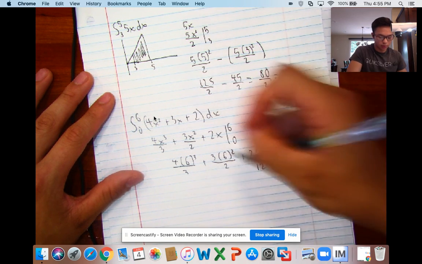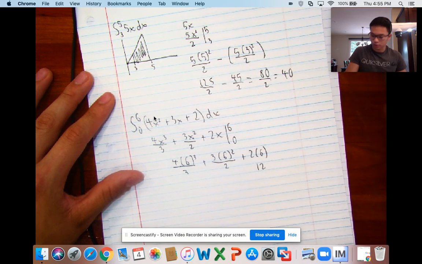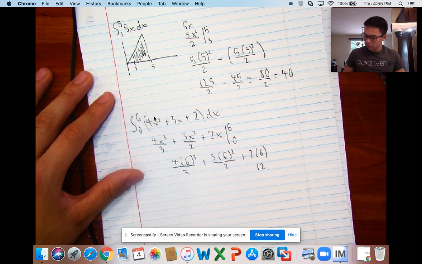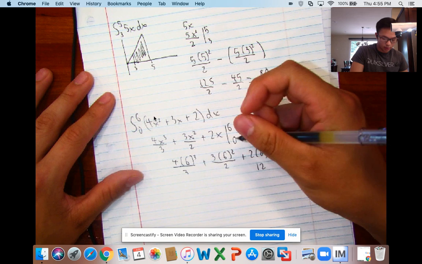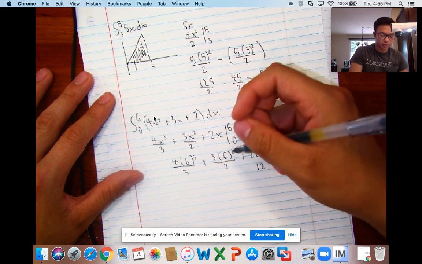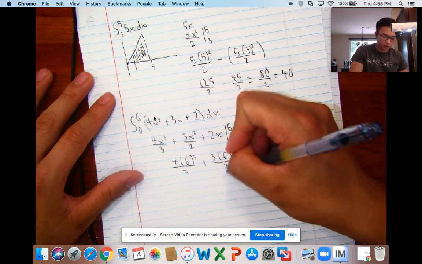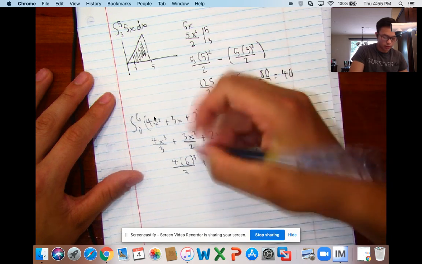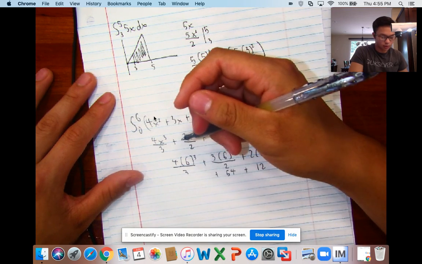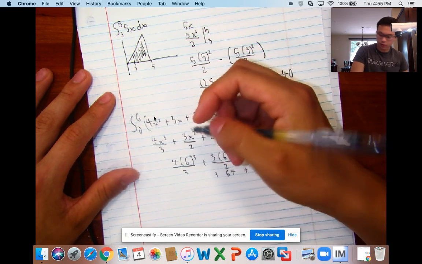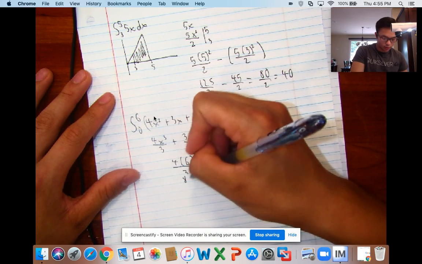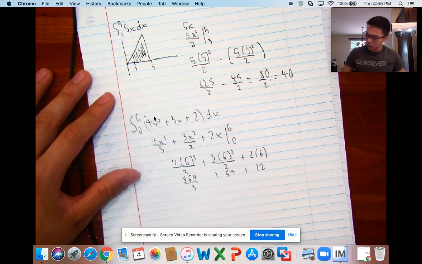So that's 12. 3 times 36, that is 108. So 108 divided by 2, that'll be 54. And then 4 times 6 cubed, that'll give us 864 over 3.